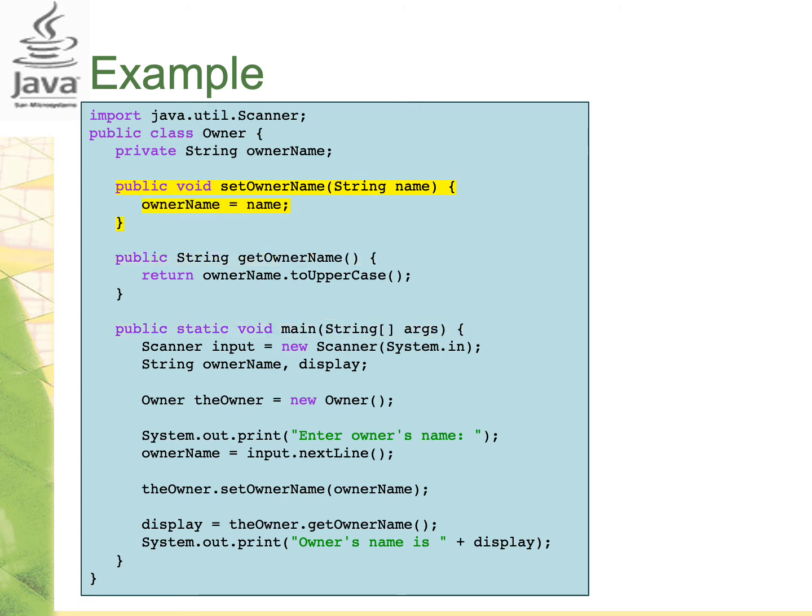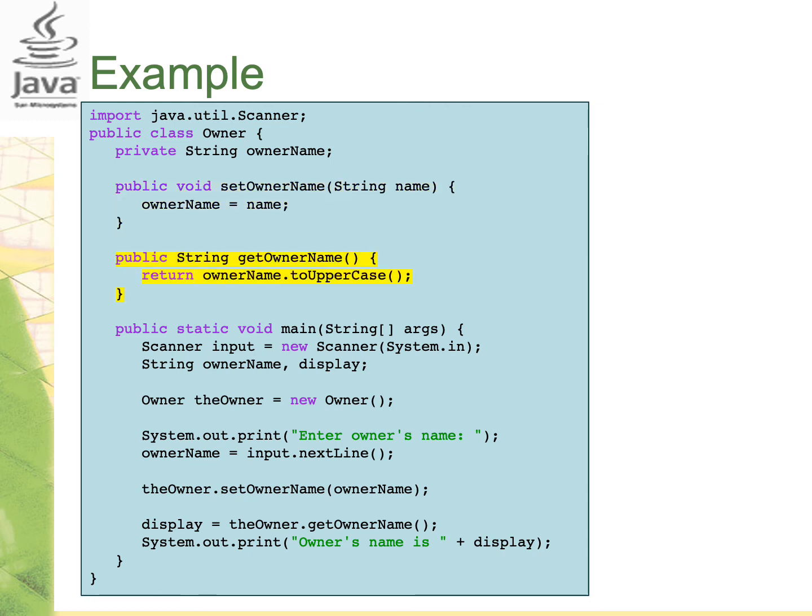In setOwnerName method, the modifier is public. The return type is void, meaning that it does not return anything to the caller. It has one argument of type String that is called name. In the method body, it takes in the name and keeps it within the variable called ownerName, which is accessible by any methods within the Owner class.